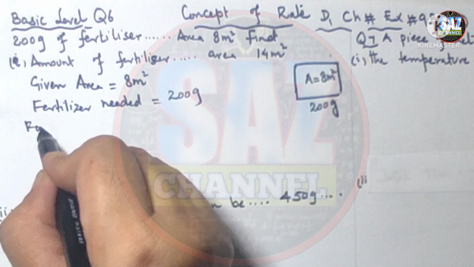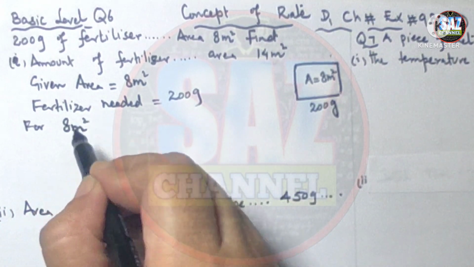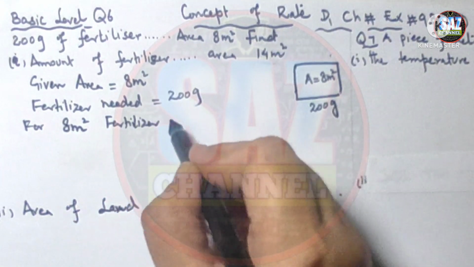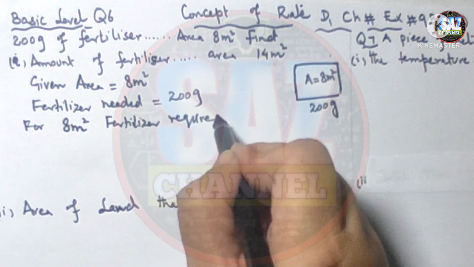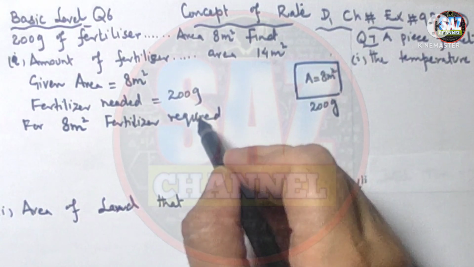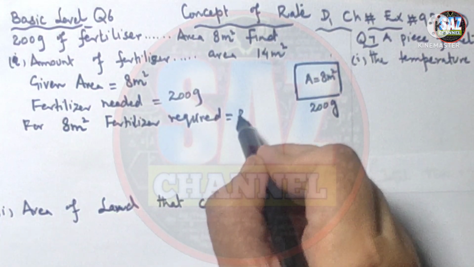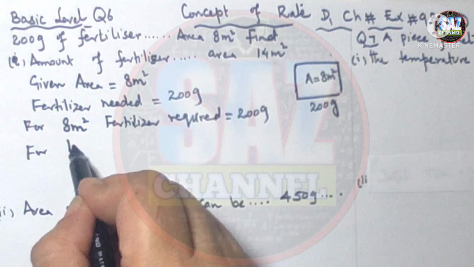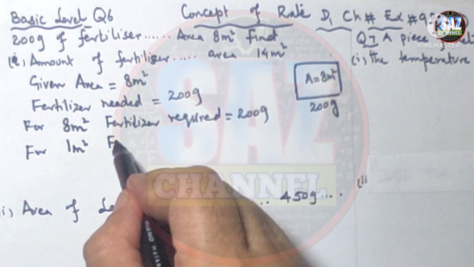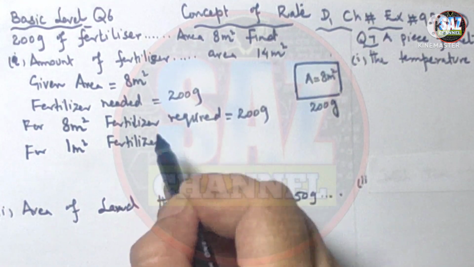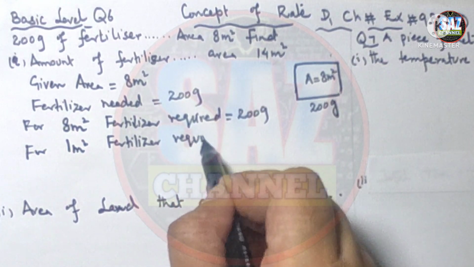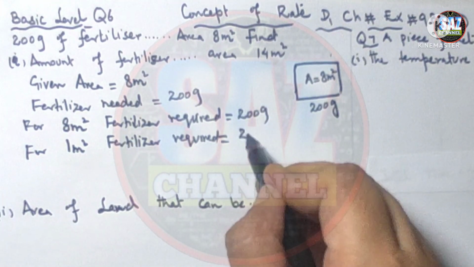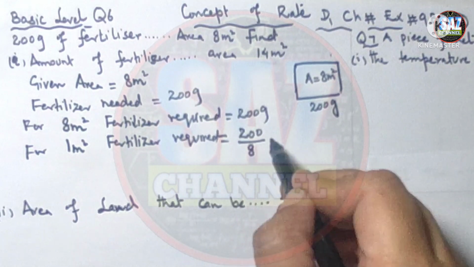So for 8 meters square, fertilizer required or needed is 200 grams. Let me confirm, yes, 200 grams. For 1 meter square, what we are going to do is apply the unitary method: 200 divided by 8 grams.